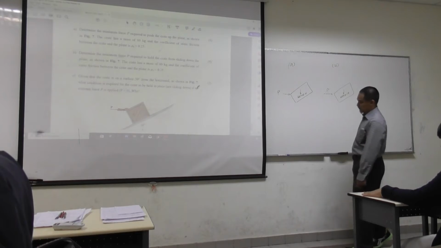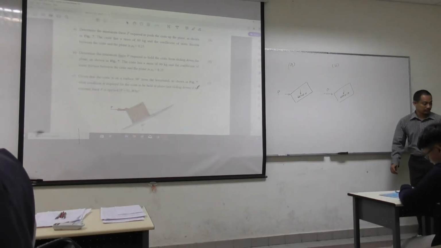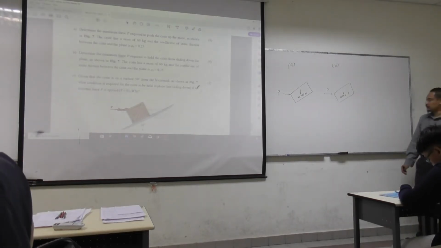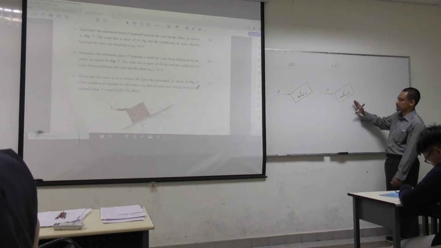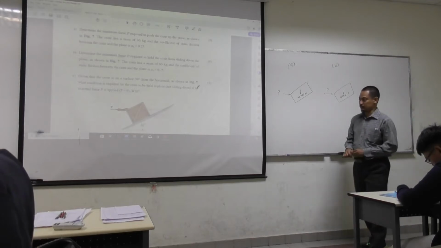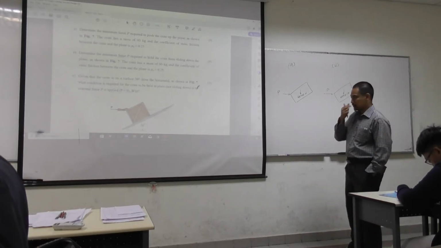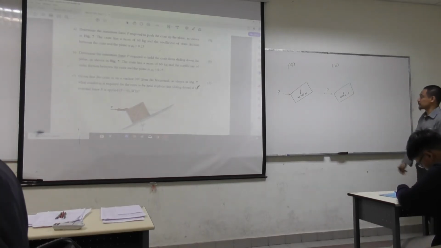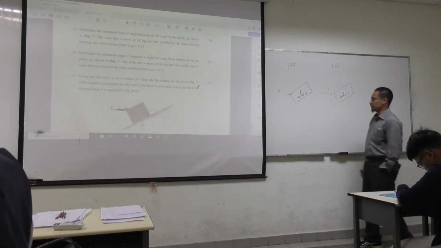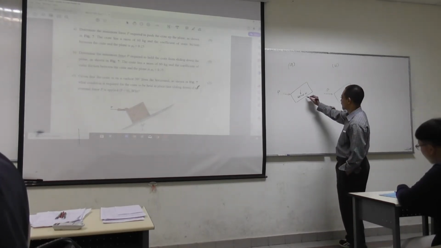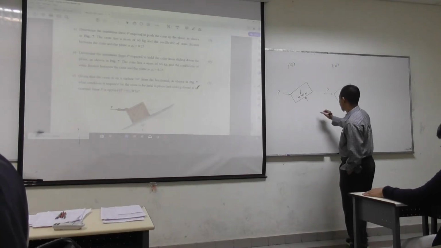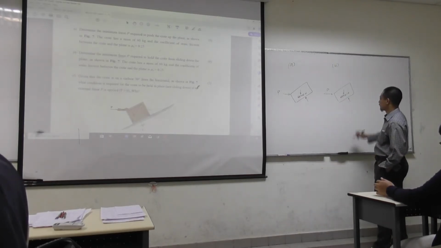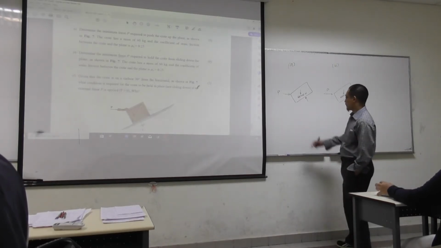Obviously the weight, the gravity, always points downward, right? It does not suddenly become something else. It is not related to the surface, it is just gravity downwards, right? So make sure you draw that correctly. And then the normal force should be normal to the surface, right? Let's say NB.